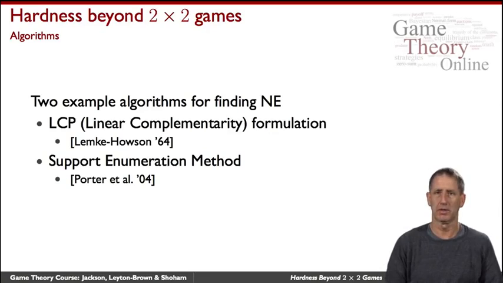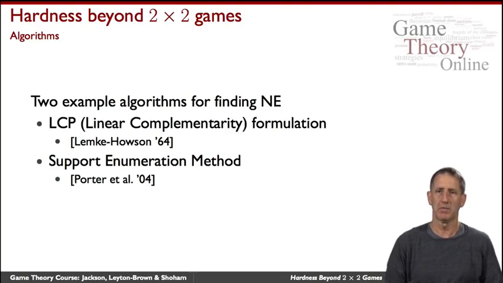The most famous one for two-player games is due to Lemke and Howson. And this is an algorithm that really displays a deep understanding of the mathematical structure of what a game is and the nature of Nash equilibria.